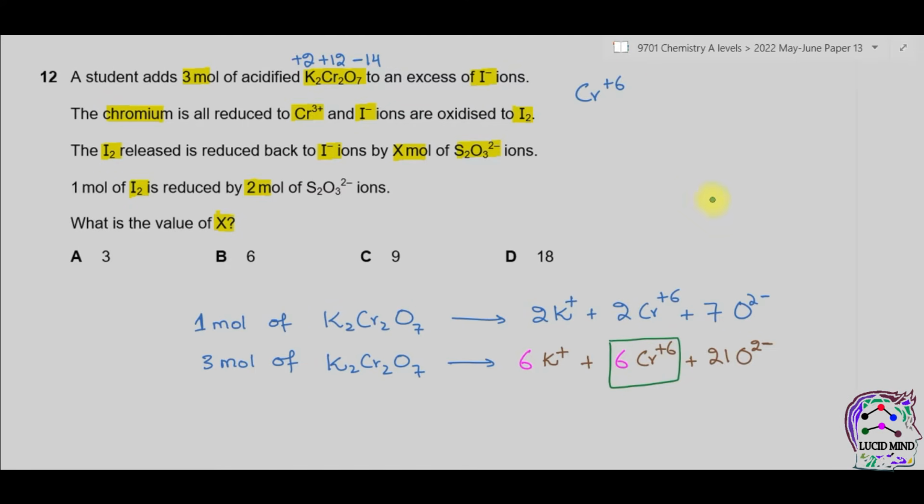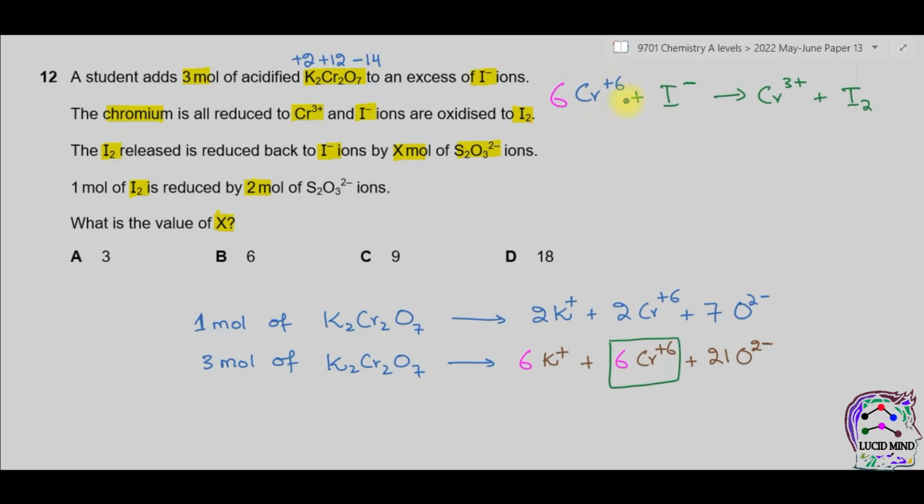So one reactant is this, the second reactant is iodide, so we can say 6 moles of Cr6+ reacts with iodide. The chromium is all reduced to Cr3+, so it goes to Cr3+, and iodide ions are oxidized to I2, so we have I2.